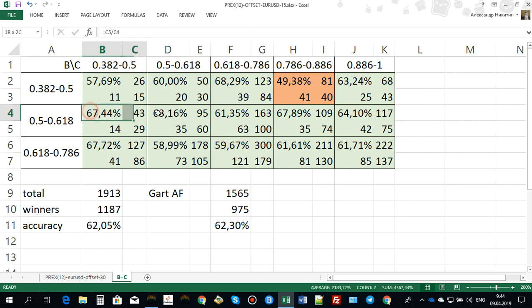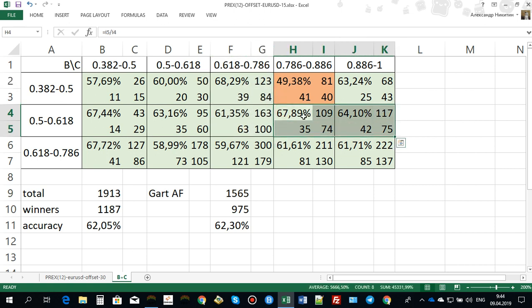If the cells are adjacent, yes, of course you set the B point ratio, and you set the C point ratio as minimal 382 and maximal 618 because they are adjacent. And you can also set this as adjacent cells. So you set the B point as 382 to 618, and you set the C point as 618 to 786 because they are adjacent. Very, very simple.